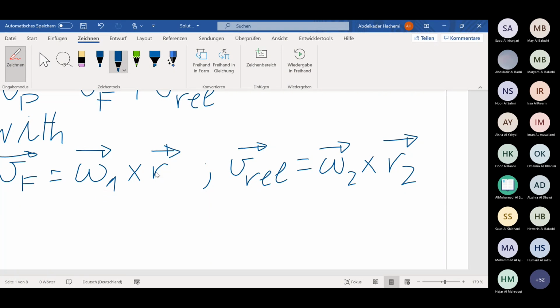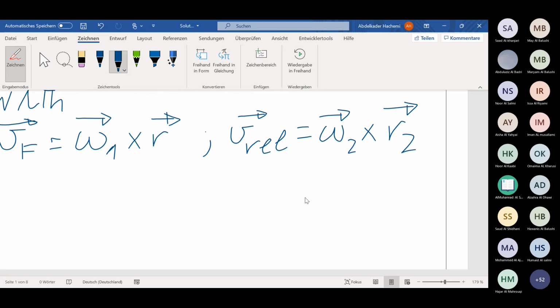Now the R and R2: R is only the position vector relative to the coordinate system x, y, and z, and R2 is the position vector of this disk relative to the relative coordinate system x prime, y prime, and z prime.